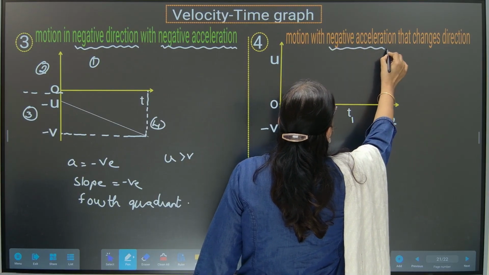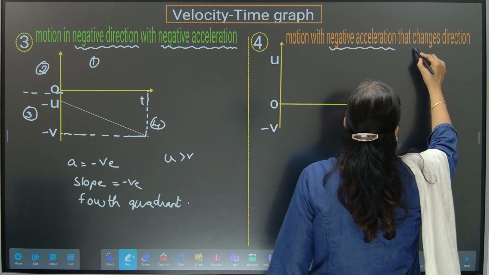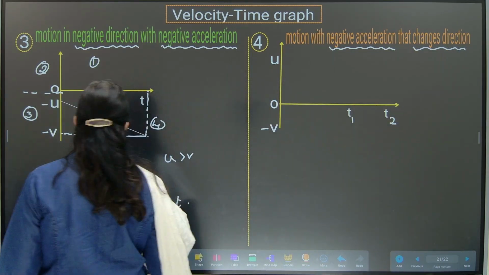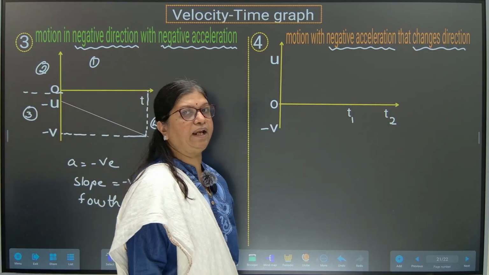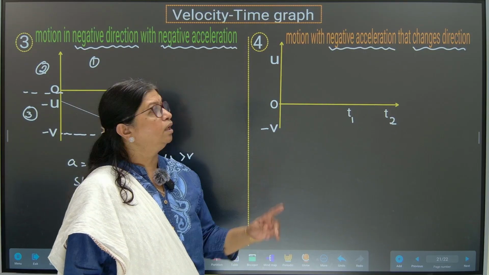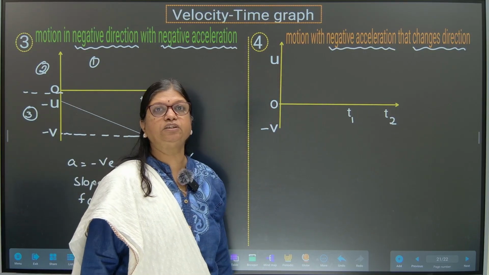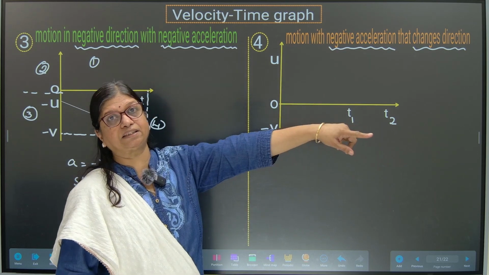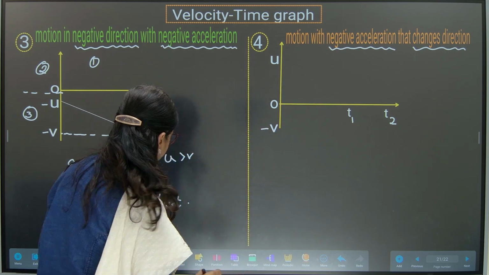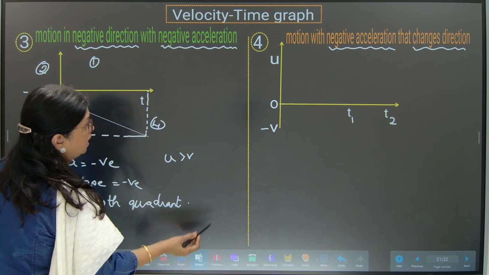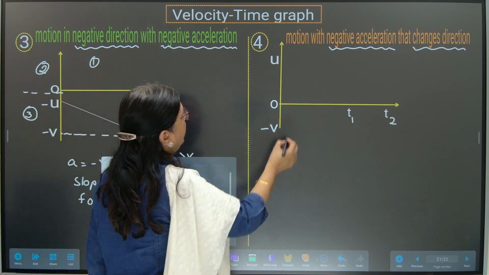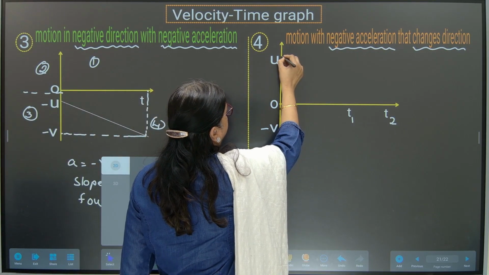Negative acceleration but changes the direction. Now at certain time, say t1, what should I do? Changes the direction means what? Initially it is going in the positive direction with a negative acceleration. So how should I draw this graph? Changing the direction at t1. So what I will do? I will go straight from here.